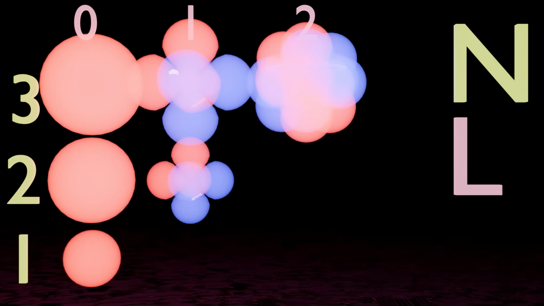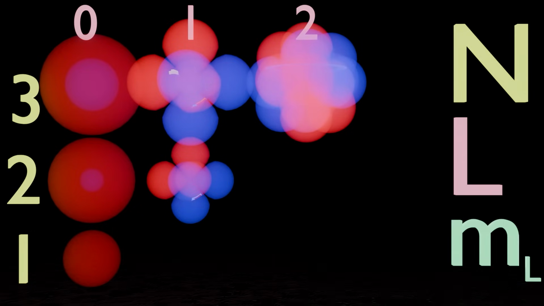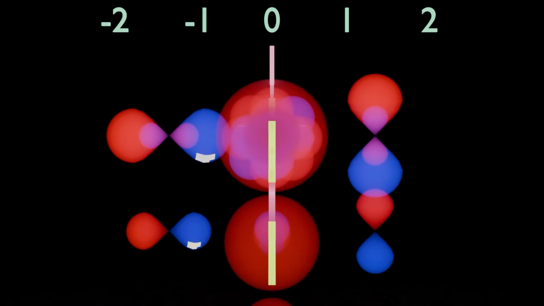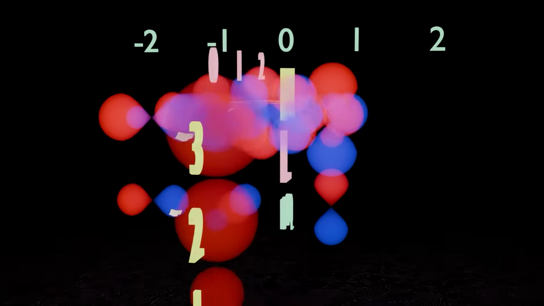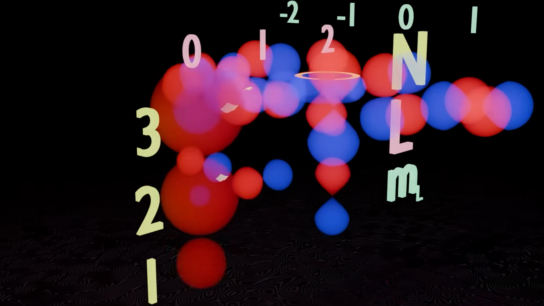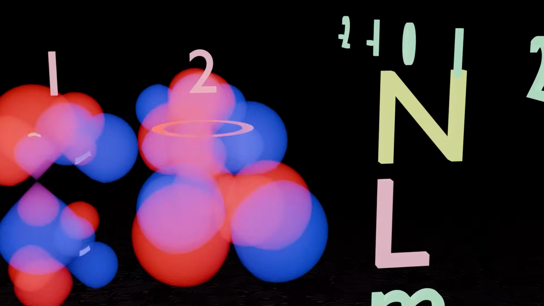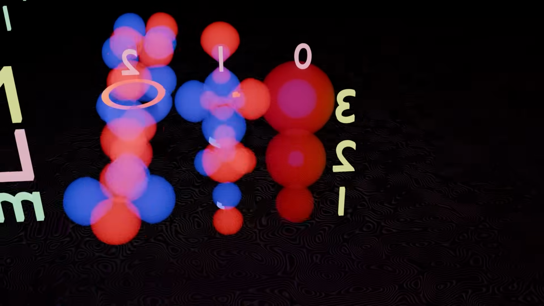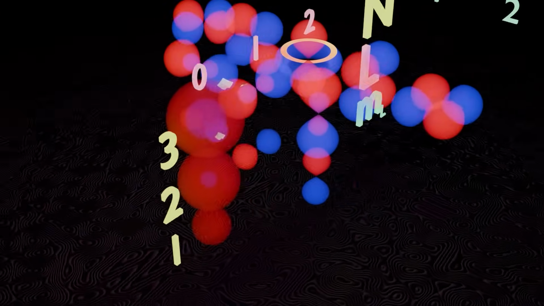Now next we have ML, which is a bit confusing, but you can basically think of it as a direction. Kind of. Basically we can take our hourglass shapes and each of them has their own ML value, which represents a different direction, but for more complex shapes, it's more like a mathematical idea of direction rather than the simple three-dimensional direction.